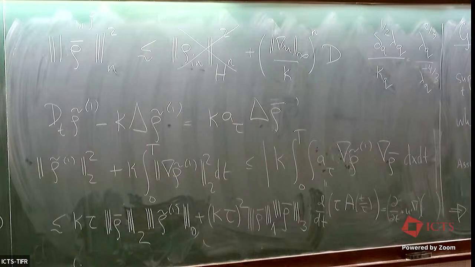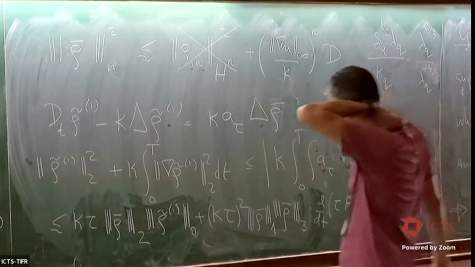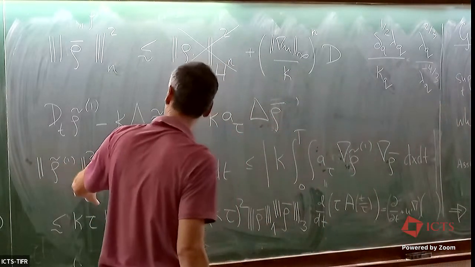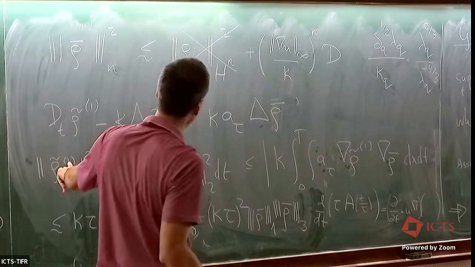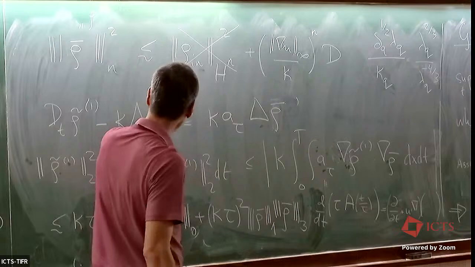But I think I basically gave you all the ideas of how to obtain this. Maybe just one comment where it becomes nasty. So, for instance, okay, this is the rho 1. Suppose I do it for the rho 2. For the rho 2, I do this.